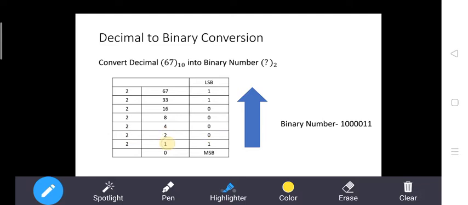Next, 1 divided by 2, answer will be 0, remainder will be 1. Okay, so I already told that the last number is your MSB, the first number is your LSB. We write the number from bottom to top. So my answer is 1 0 0 0 0 1 1. This is equivalent to 67 in decimal.